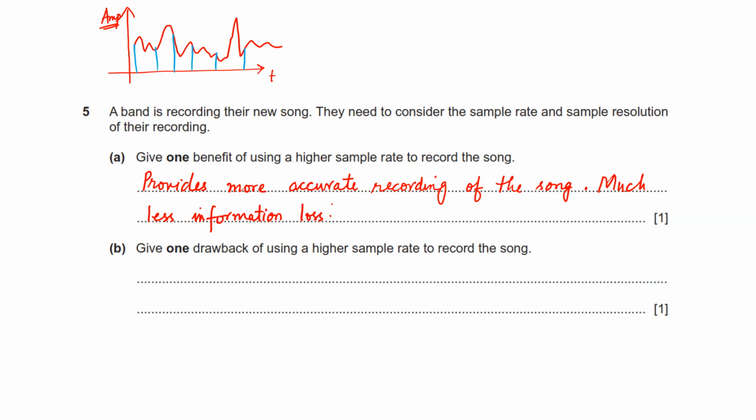Okay. One drawback of using a higher sample rate to record a song: if you have more samples, you need a large storage space and the file size will increase.